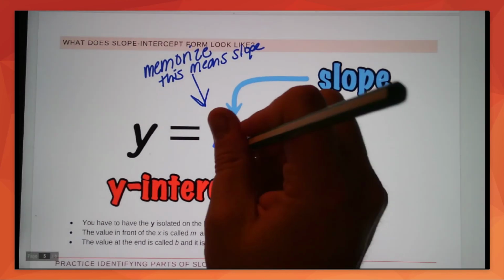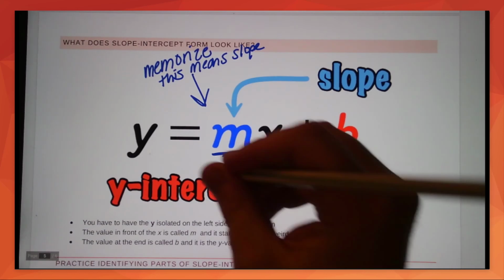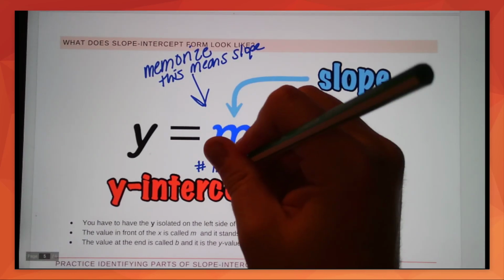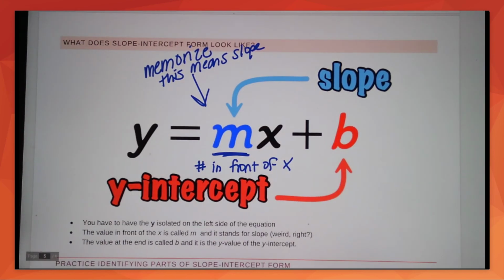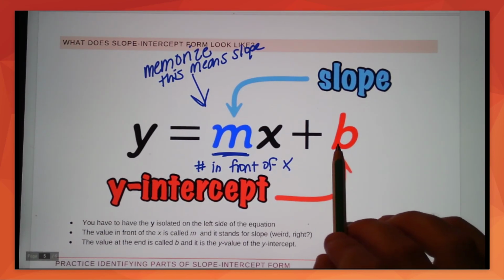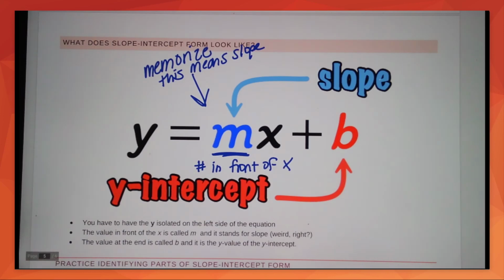The m, this number, it's going to be a number. The number in front of x tells you the slope. The b value is going to also be a number, right? They're just telling you that it's b. Okay, I don't know why they picked b to stand for y-intercept. Let's make this red. Why not? It's already in red, so let's do it.